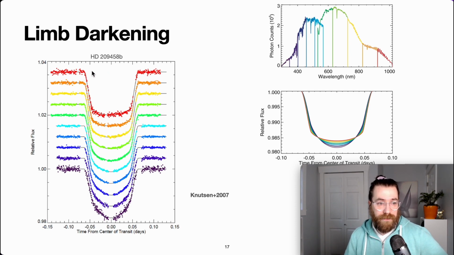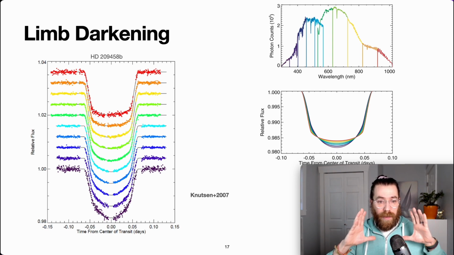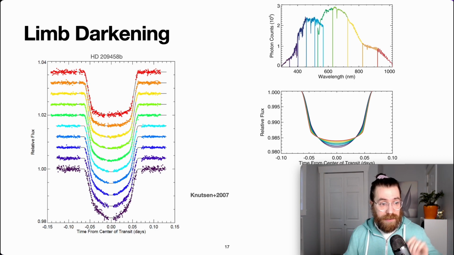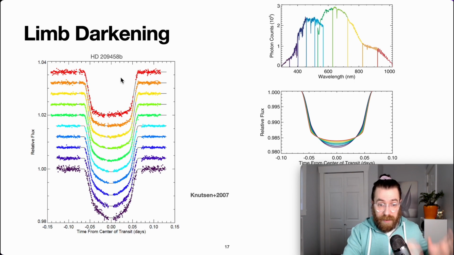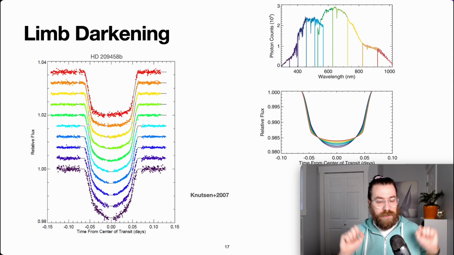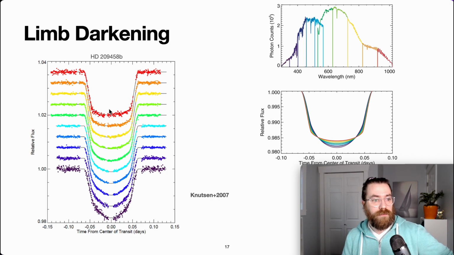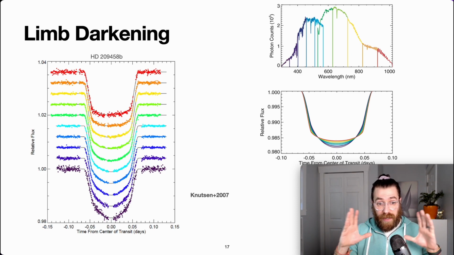The planet itself has an atmosphere, and it is not a simple opaque disk. The planet has an atmosphere whose radius is wavelength dependent. And so if you were to take lots of transits at different wavelengths and you understood the properties of the star and the limb darkening and the opacity of the star and the composition of the star really precisely, then you could subtract off that perfect star model and look for deviations in the depth or in the profile here that would be due to changes in the planet's radius as a function of wavelength.